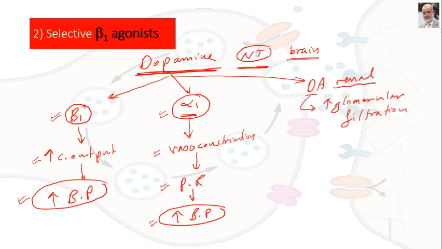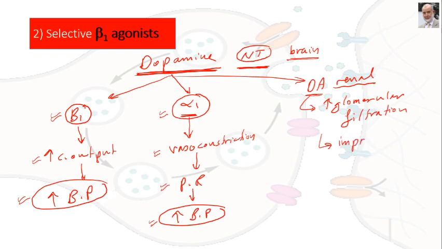When there is a decrease in blood pressure, glomerular filtration will usually be decreased, and kidney function will be decreased. Therefore, dopamine, by acting on dopamine receptors in the renal tubules, will increase glomerular filtration, and this will result in improvement of renal function.